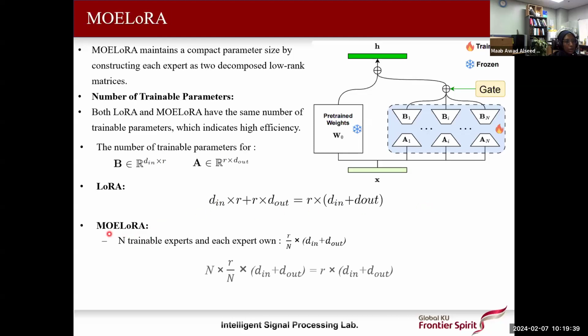In mixture of expert LoRa, the whole number of parameters will be the number of experts times the rank over the number of experts, which is the amount of trainable parameters of each expert. So we will end up with the same amount of trainable parameters as in LoRa, and we will not have any additional fine-tuning cost using this method.